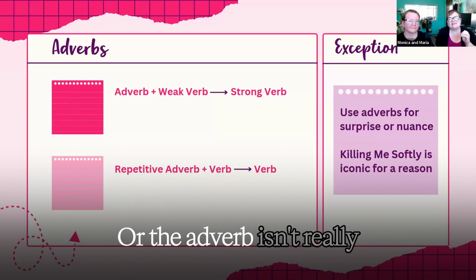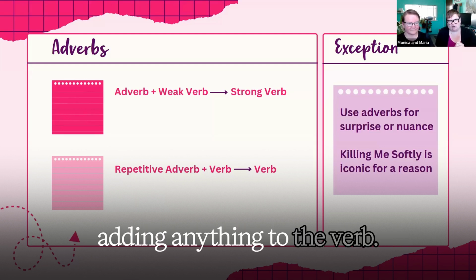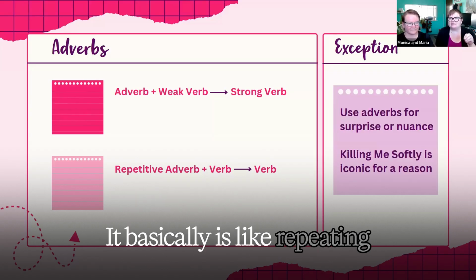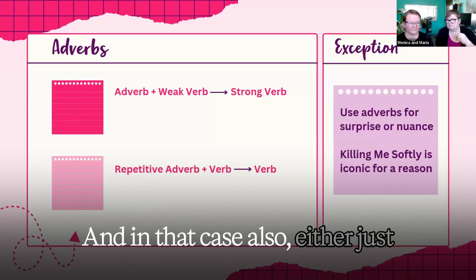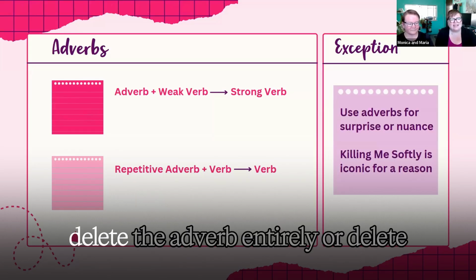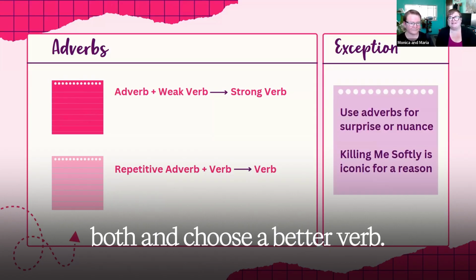Or the adverb isn't really adding anything to the verb. It basically is like repeating the verb in an adverb form. And in that case also, either just delete the adverb entirely or delete both and choose a better verb.